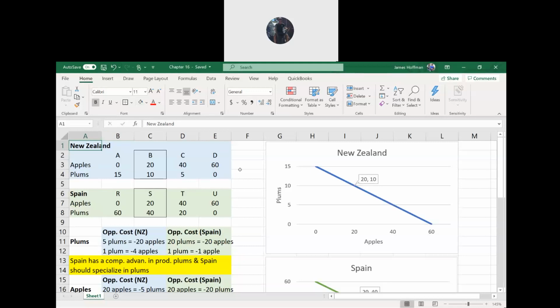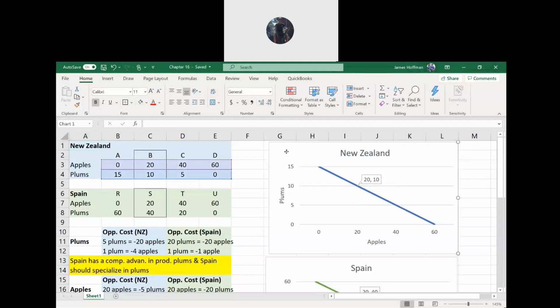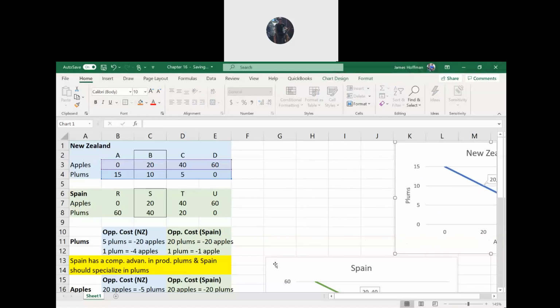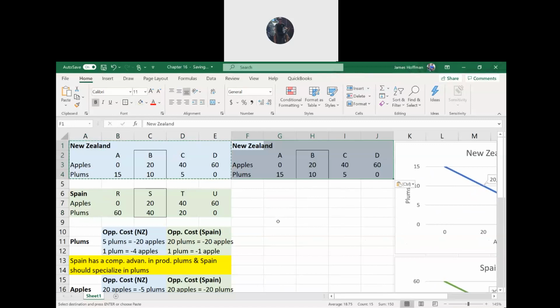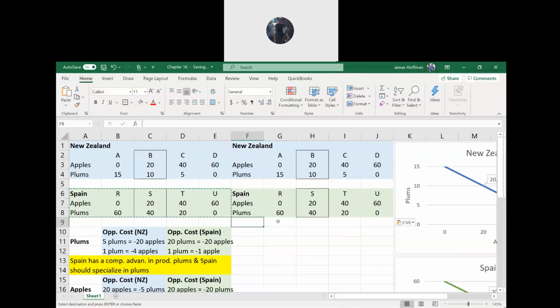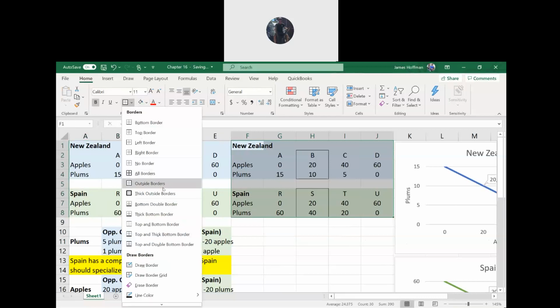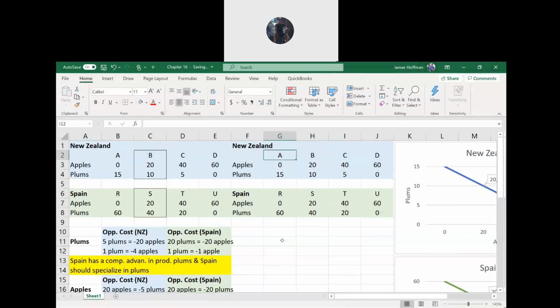So we move these graphs over. Okay, so I usually call the new ones like the original points, but I'll just add a prime. So like A prime, B prime, C prime.